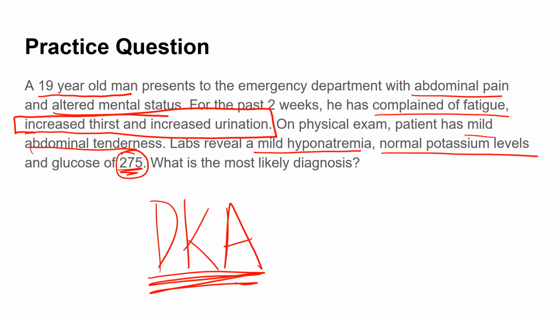But the key giveaways are, if the glucose is elevated, you're not dealing with adrenal insufficiency, probably DKA, which normally the glucose in DKA is around 250 to 500. And then if you look at the electrolytes, if they have pretty normal electrolytes, you're probably dealing with DKA, not adrenal insufficiency.